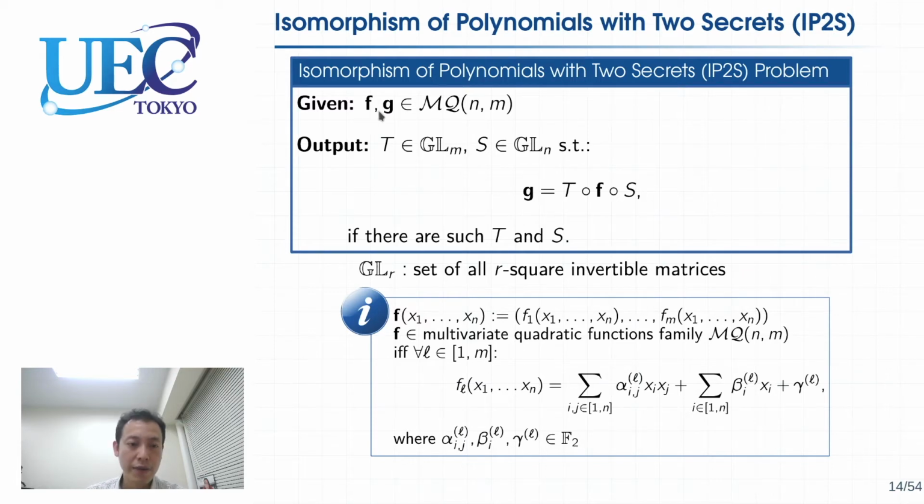And given f and g, the problem requires us to output invertible matrices T and S, so that we can compose g like this, which means that g is an isomorphism of f. So if there is an isomorphism between g and f, we are required to output it.